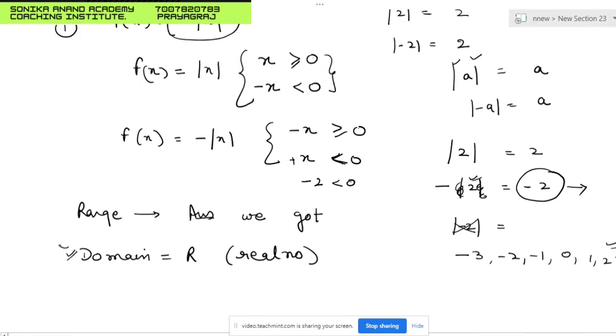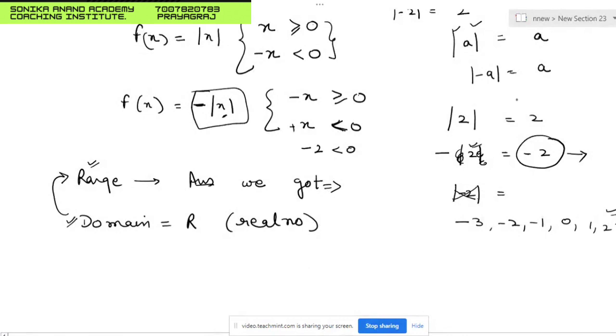And what is the answer we got after putting this value here? That was written as the range. So what is the range we got over here? We always get a negative answer. See over here, if I put 2, we get answer 2.